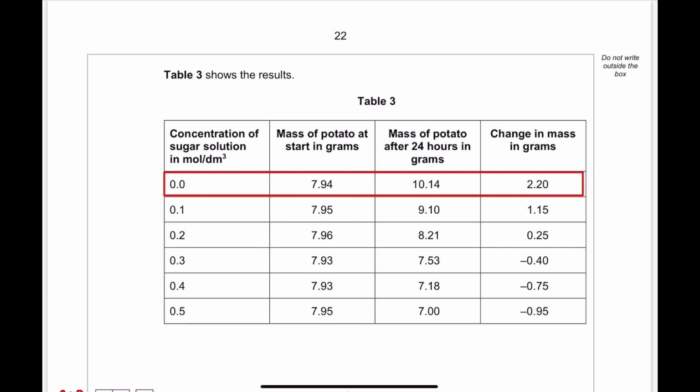The mass of potato at the start in grams is given in column number 2. Mass of potato after 24 hours in grams is in column number 3. The change in mass in grams is in column number 4.